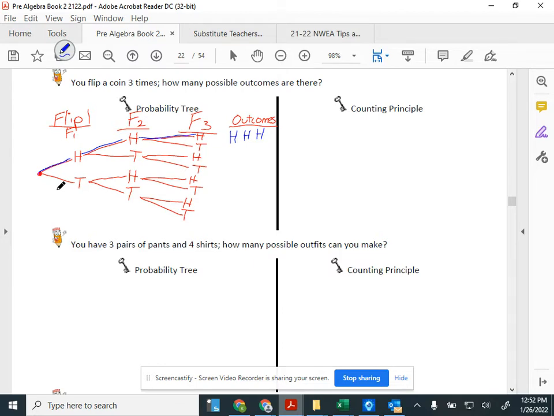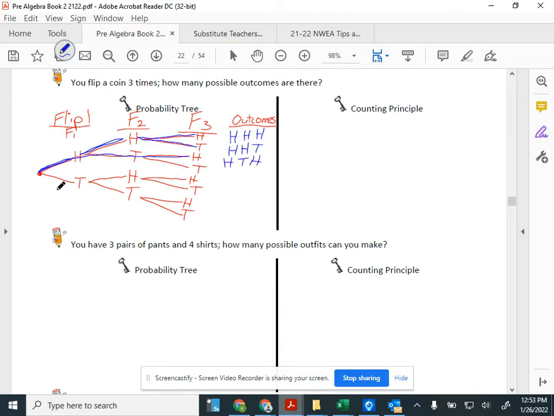What if I flipped a heads, and I flipped a heads, then I flipped tails? That would be heads, heads, tails. See where I'm going with this? Now we're going to say heads, tails, heads.